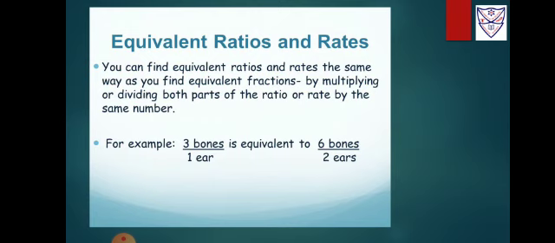For example, here it is written 3 bones upon 1 ear. If we want to find an equivalent of this ratio 3 to 1, we can write 3 multiplied by 2 and 1 multiplied by 2. So what have we done here? Multiplied numerator as well as denominator by 2, which gives the equivalent 6 bones upon 2 ears.